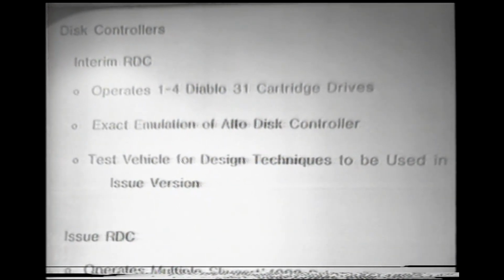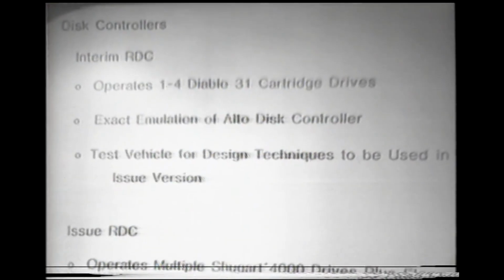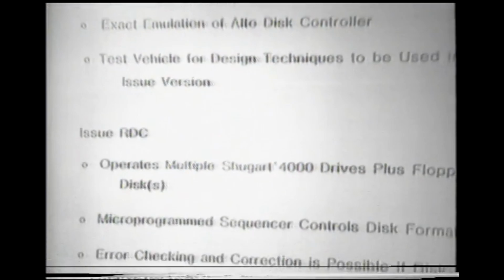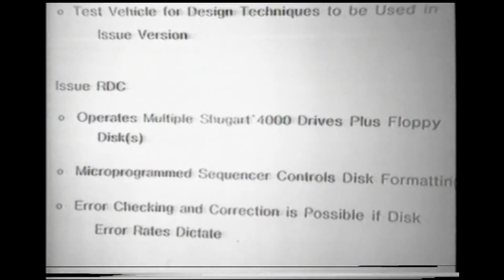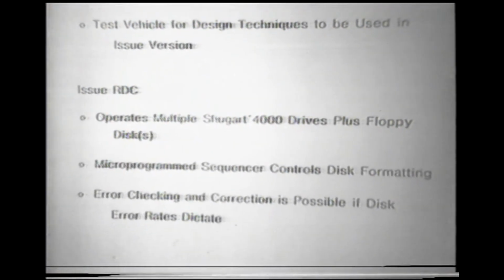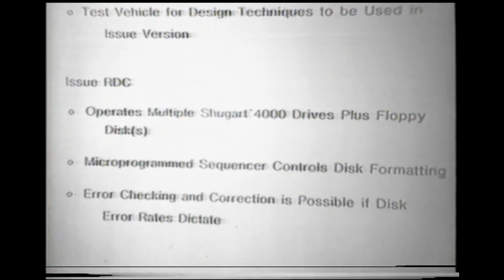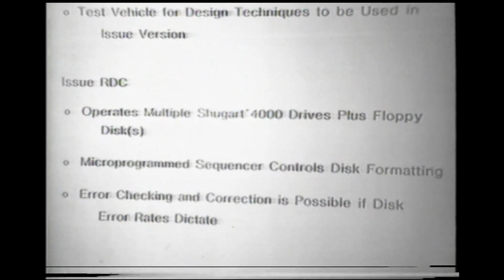The second unit is the rigid disk controller, which will actually be brought out as a product. This unit will operate Shugart 4000 series drives. These are some very nice new drives which are very similar to the IBM System 32 disks that Shugart has just announced.